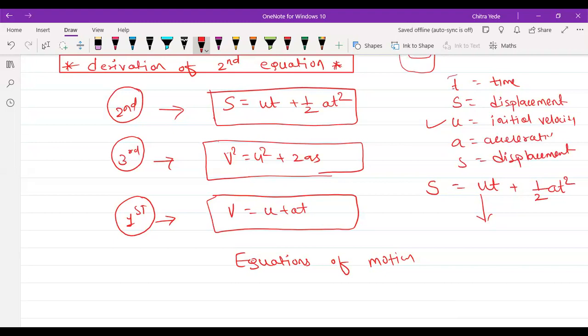So we have 5 variables here. If any 4 are known, you can calculate the fifth one. It may be time, displacement, which is nothing but the distance in a straight line path, initial velocity, or acceleration, depending on what is given in the question.